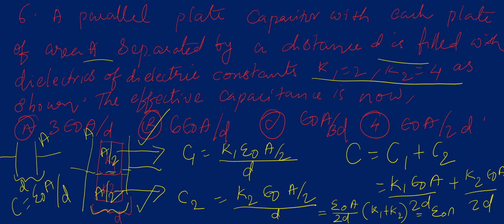K1 is 2, K2 is 4, so we will get epsilon 0 A divided by 2D into 6, or 3 epsilon 0 A by D. So the correct option is option A.